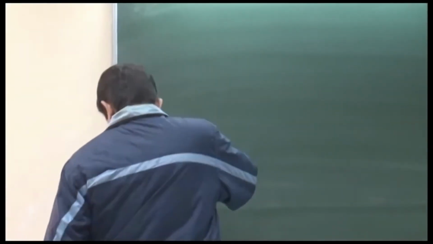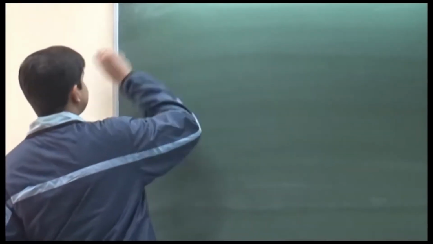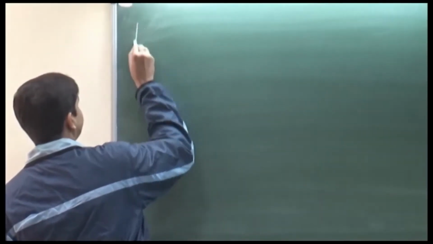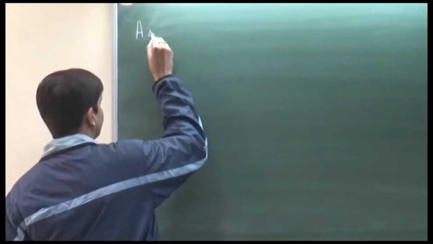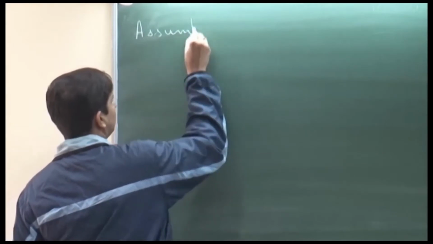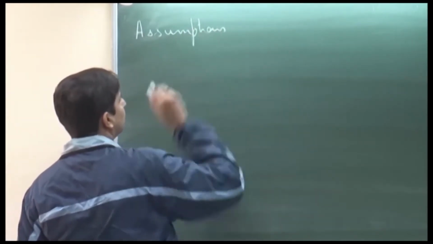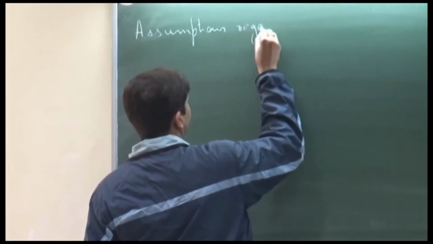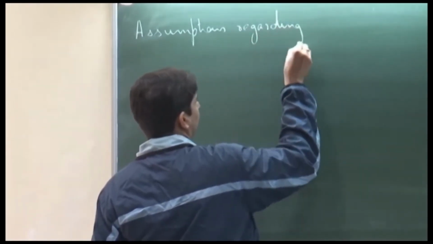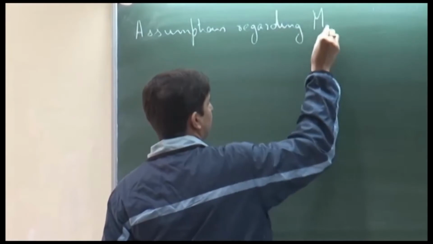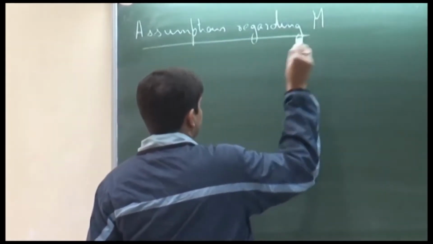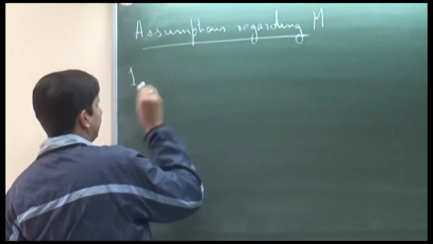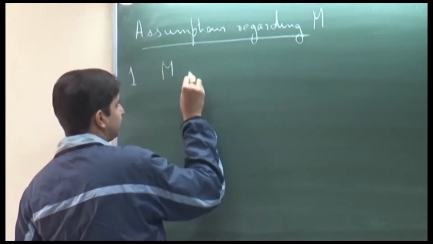So, the two assumptions, let me just state that again. Firstly, we assume that M is oblivious.